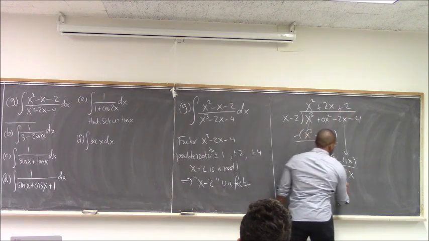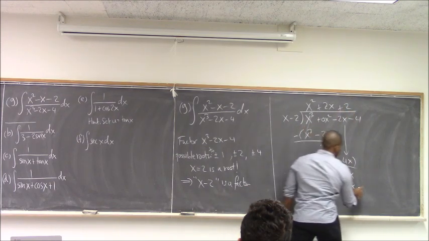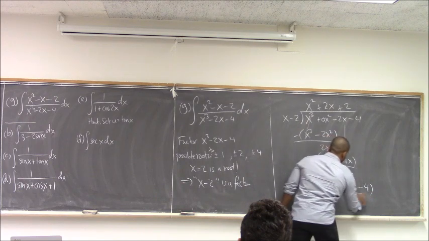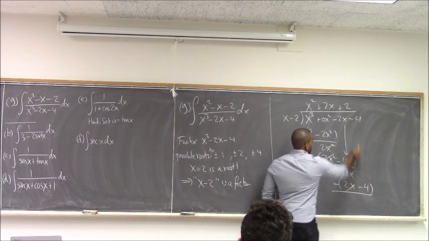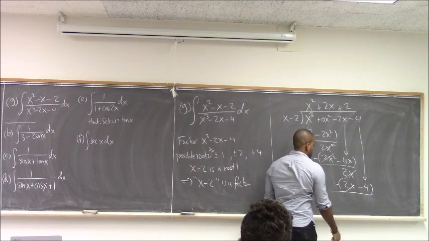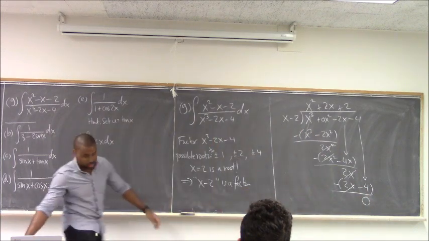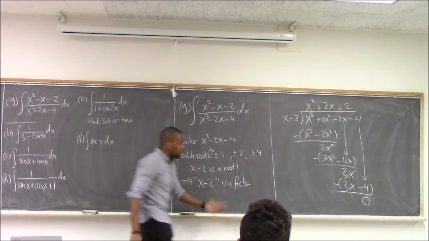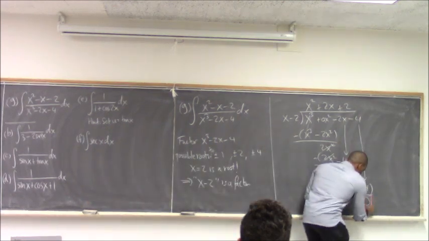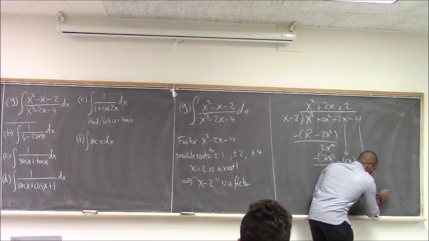Plus 2 times this, you get 2x. Plus 2 times that, you get minus 4. Subtract that, the 2x's die, and you have minus 4 plus 4 gives you 0. Now, you should get 0 in this situation because the rational root theorem says you should get 0.